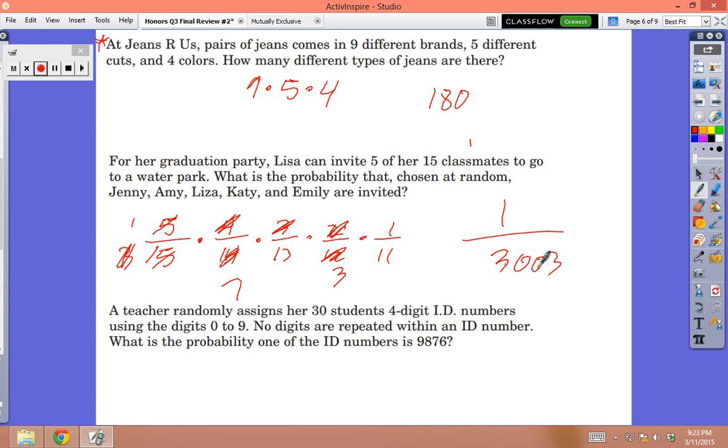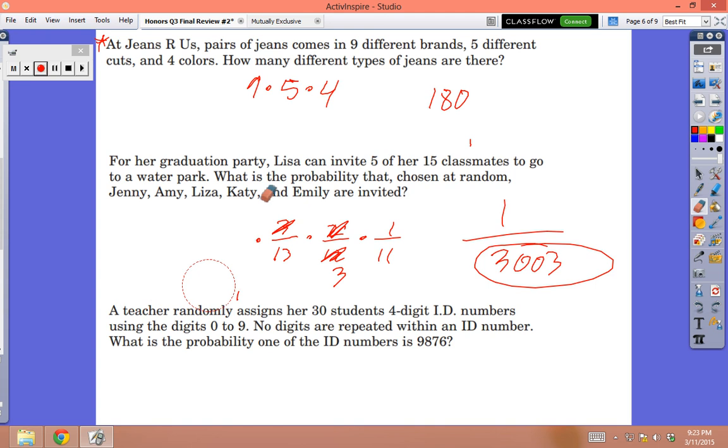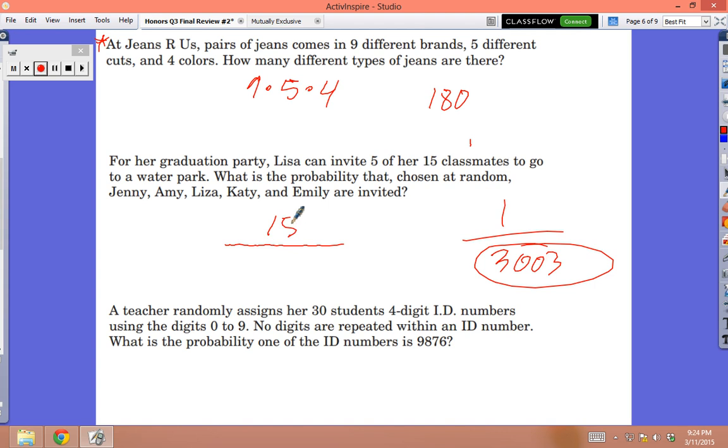These are the combinations right here. So the formula to calculate the combinations: on top, we're going to put 15 factorial. On the bottom, we are going to do 15 subtract 5 factorial times 5 factorial.